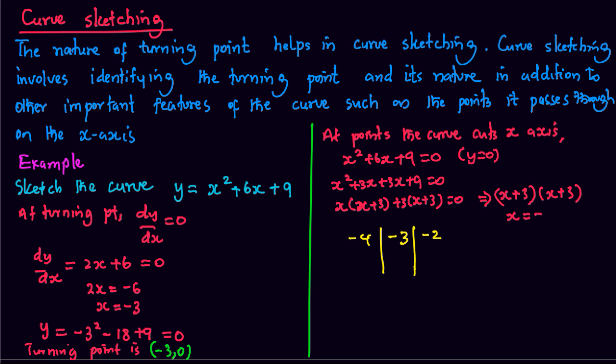At x is equal to -3, it will be 0. At x is equal to -2, our gradient function will be positive. And at x is equal to -4, our gradient function will be negative.